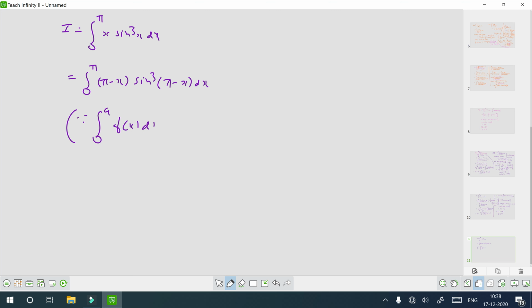I is equal to integral 0 to pi x sine cube x dx. So that is equal to integral 0 to pi pi minus x sine cube of pi minus x into dx, because integral 0 to a f of x dx is equal to integral 0 to a f of a minus x dx.